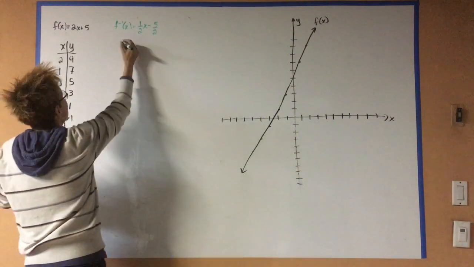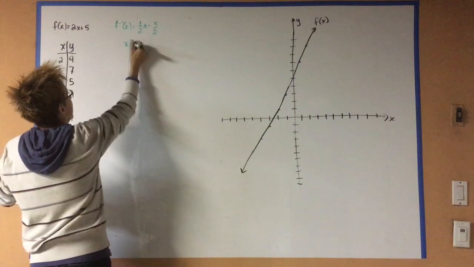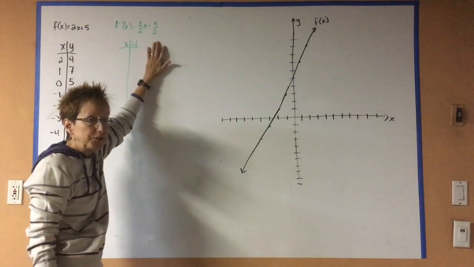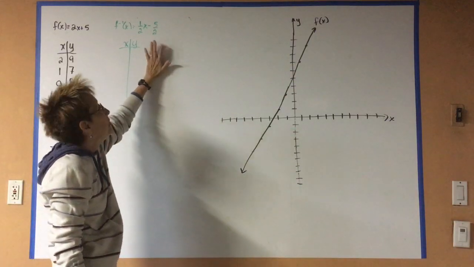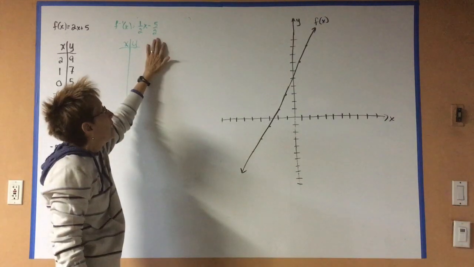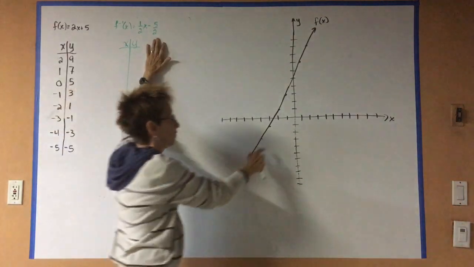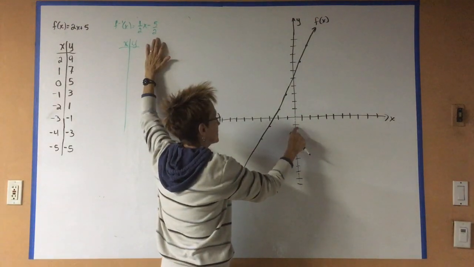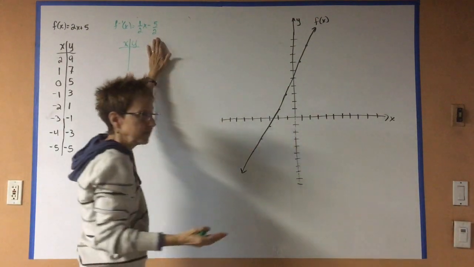And I'm going to make a t-table for this one as well. And this one's a little harder to do with the slope and the y-intercept because the y-intercept is a fraction. So I'd have to start at 0, -2.5. So I'd be in between boxes and then count 1 up and 2 to the right. And so it becomes a little more difficult.